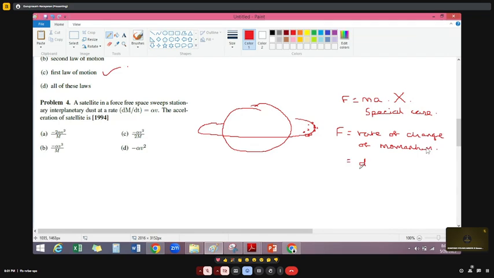Rate of change of momentum means d by dt of mass into velocity. So this is the actual definition of force. I don't know if you have studied differentiation. Generally we keep the m as such, and then we say dv by dt. But in your mathematics, you must have studied that differentiation of uv is u dv by dt plus v du by dx or dt. So that means there is one more term, v as such and dm by dt.